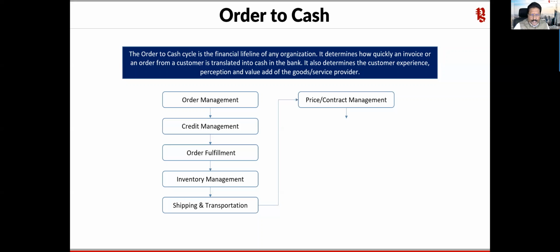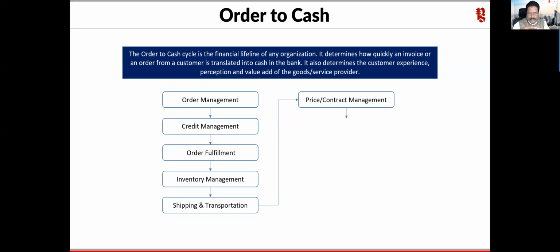Generally, the price contract is set at the beginning of the financial year, when the customer negotiates with the vendor. They may have been conducting business over a period of time, or even if that is not the case, let's say there is a transaction happening between a new customer and a new vendor.